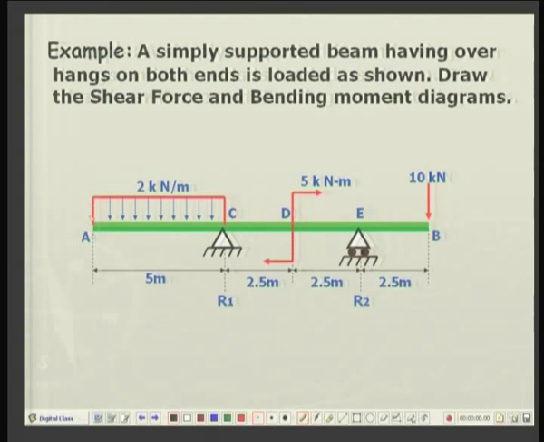There will be one section from A to C, second section C to D, third section D to E, and the last section E to B. Now, I will not go through the same section wise analysis, because once you get enough practice, you can almost do the analysis just by looking at the beam and the type of loading.